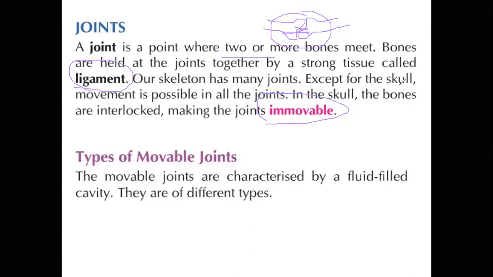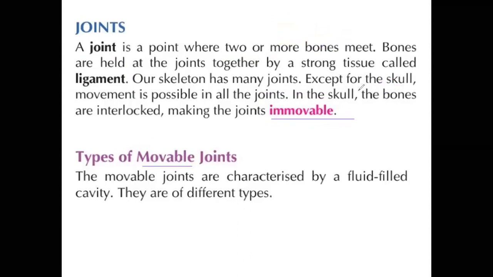Immovable joints are in the skull part, completely immovable, right? First of all, we will learn about the movable joints. Later, the immovable ones. Immovable simply means it will not move.